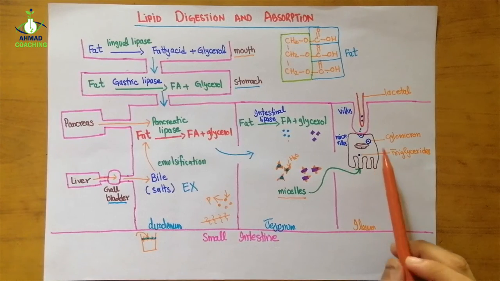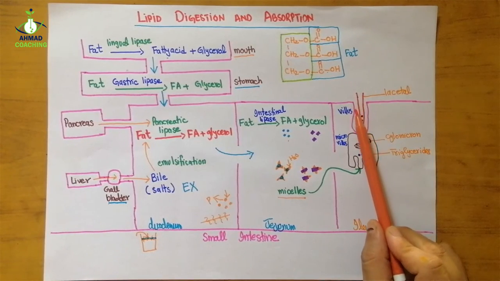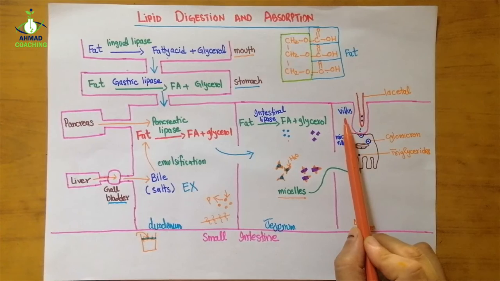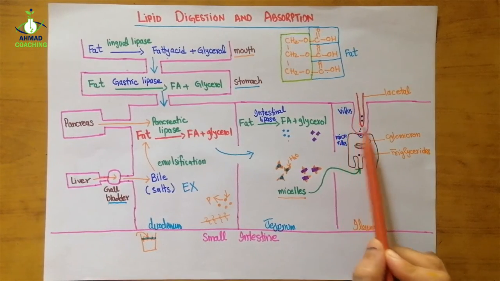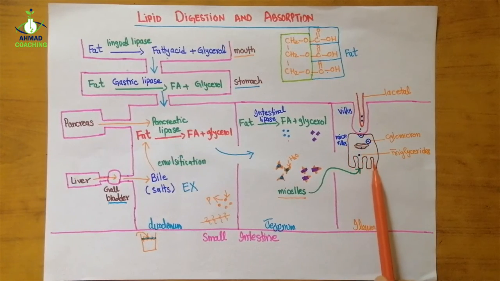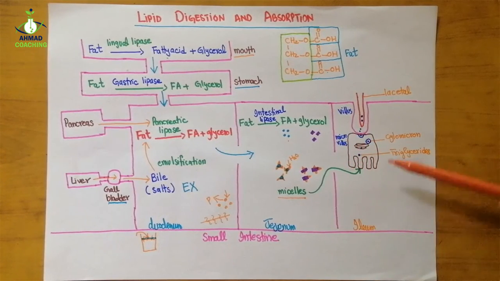In the ileum, we have these folds, which are known as villi, or villus for singular, and to this villus we have the microvilli, or microvillus, attached. The microvilli are the sites which help in the absorption of the lipid.